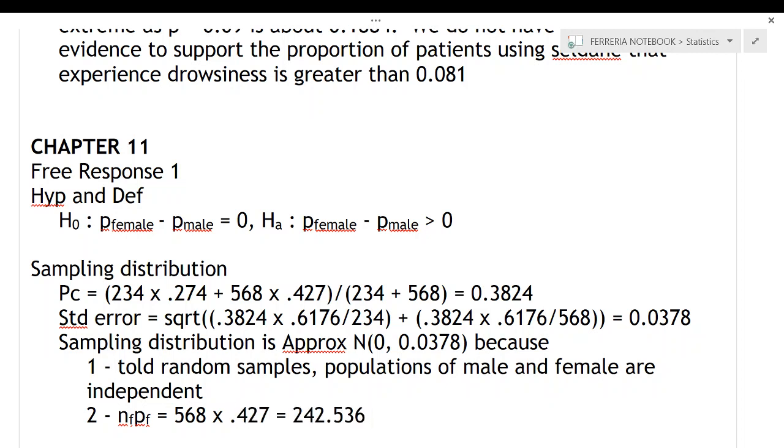That's equal to 264. Then nF times 1 minus pF is equal to 304. Okay, both of these are greater than 10.